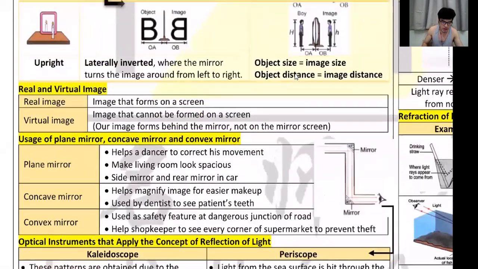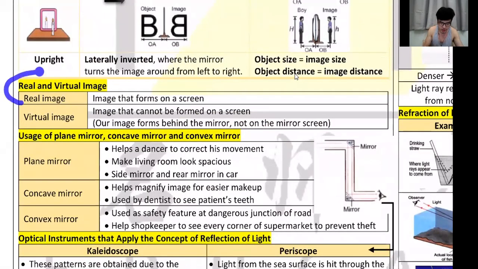Okay, you know this. The biggest problem is real and virtual. Many people still have problems understanding this. Real is nyata. Virtual is maya. So what is the difference? Real means real. Virtual means fake, it doesn't look real. What does it mean? It depends on whether you see something on a screen.